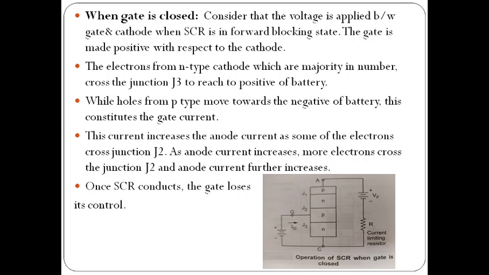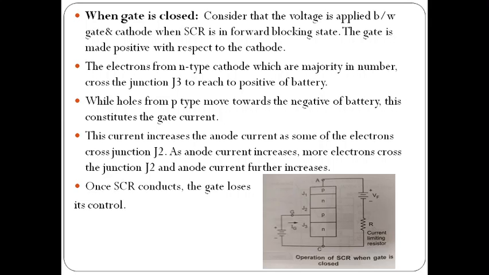The positive terminal of the battery is present at the gate side and anode side, while holes from the p-type material move towards the negative terminal of the battery, that means towards the cathode.